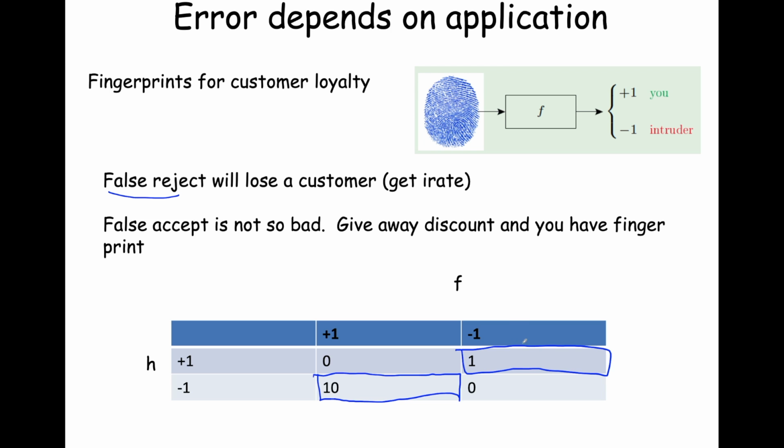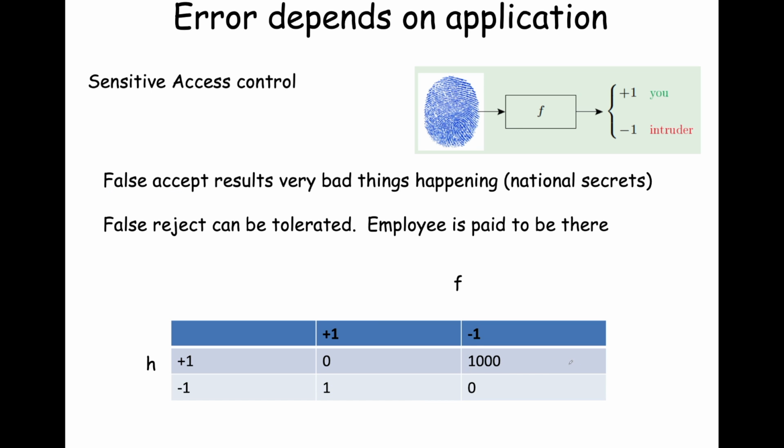And when you deploy your system, you can set your pointwise error measure to make it hurt more for your model, and that encourages your learning algorithm to select hypotheses that really try to stay away from false rejects. Okay, so let's look at another application, access control.